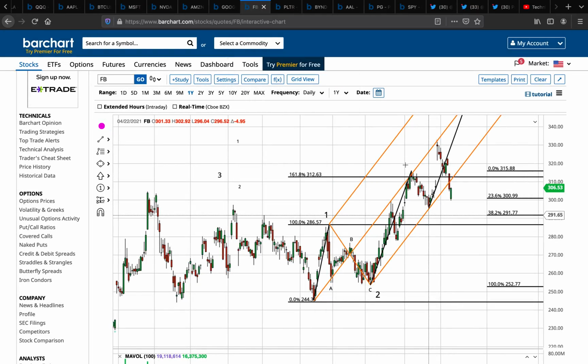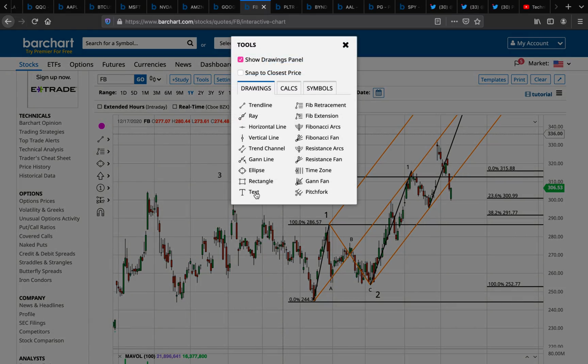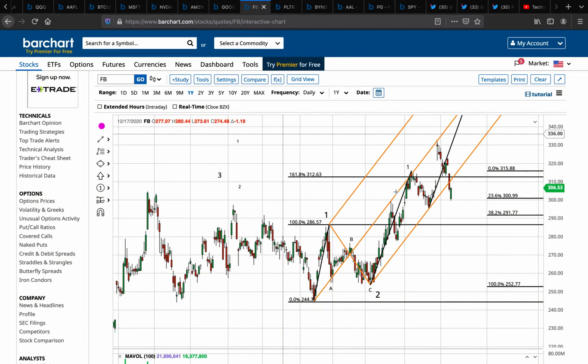So what's more likely? The proper Facebook count is that this isn't a wave 3, it's another wave 1, and this isn't a wave 4, it's another wave 2. So what Facebook bulls are now looking for is for 296 to hold. If it does, this move is from 3.4 to 4.8, so that's 4 or 5 weeks.